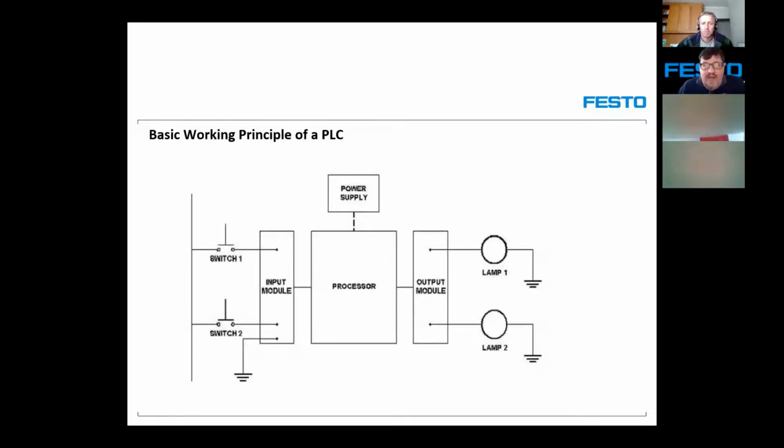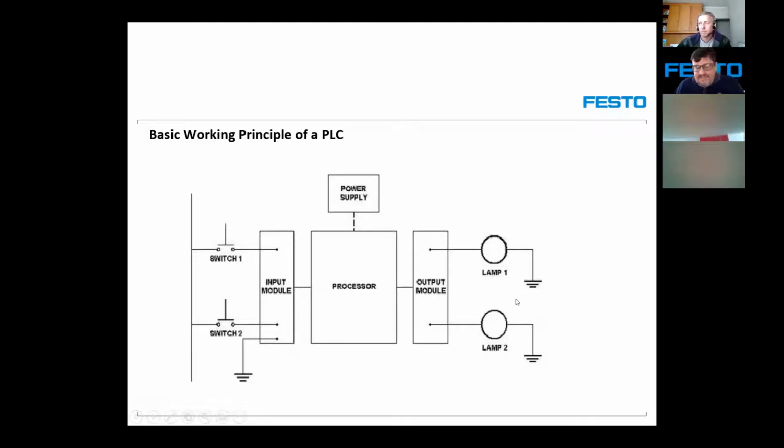Your power supply, your CPU, your inputs and outputs are built into one component. They call it a compact PLC. Or you can get a PLC that has modules, and this is what this represents. It represents input modules, output modules, and then your processor, your CPU, your central processing unit. Right, and that means you connect your inputs to it and your outputs to it.